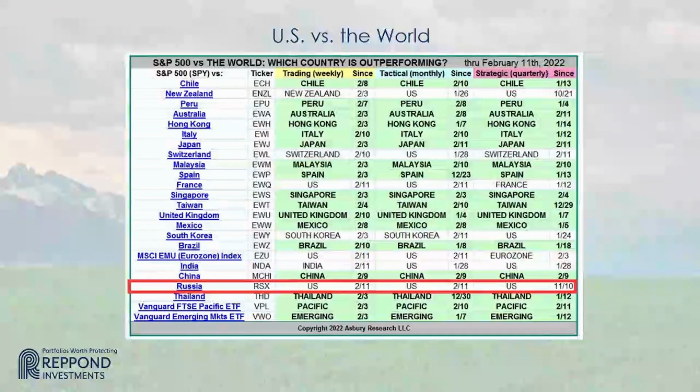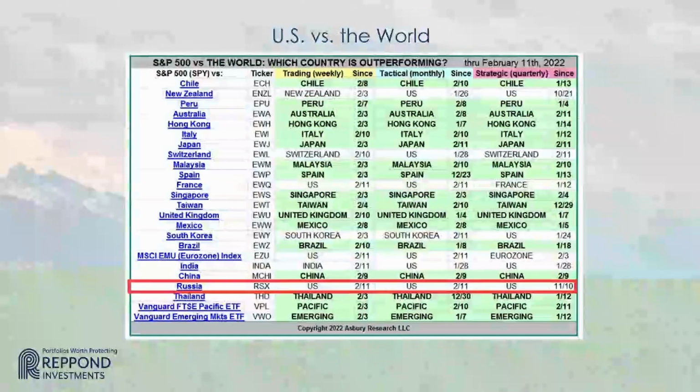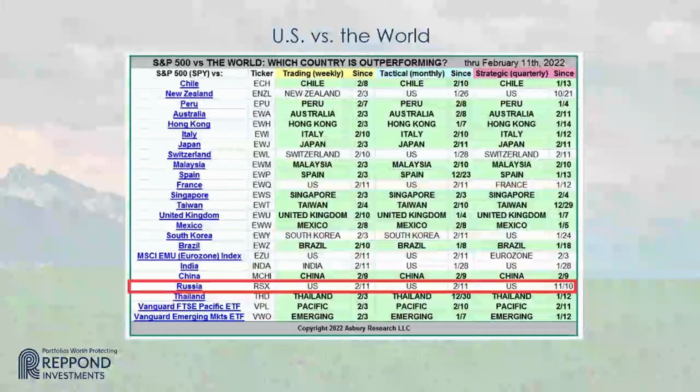And then you can see which ones are performing better, and in the vast majority of cases, performance is better whether they are a developed country or a developing country. They are doing better than the U.S.